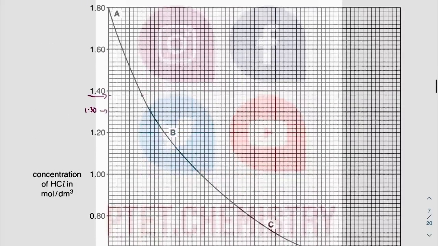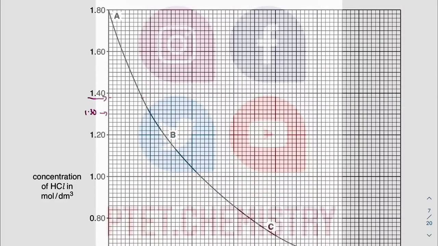When you think about it, the steepest part of the reaction is going to be here, because when you compare, if I just randomly draw another line like that, and another line like that.